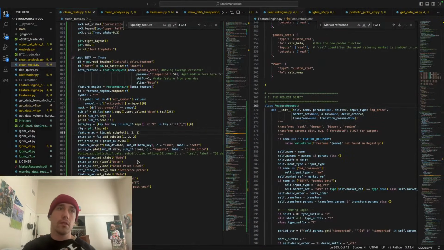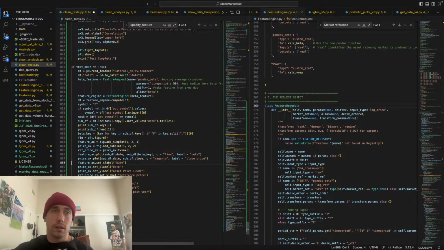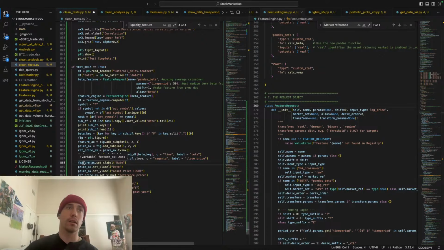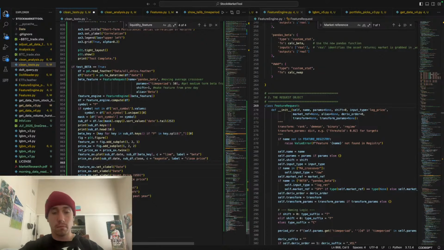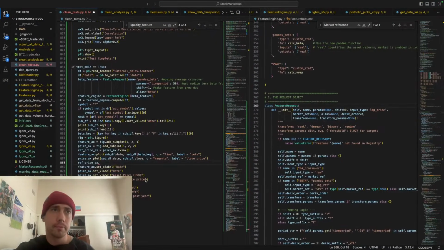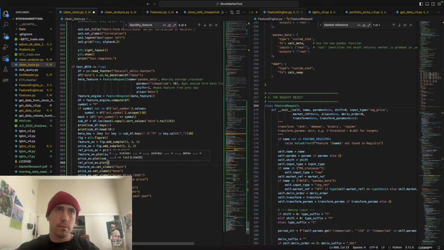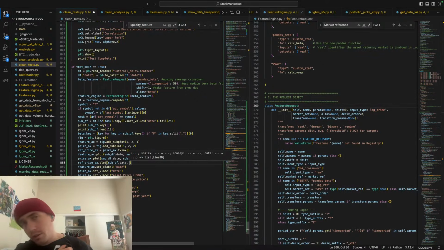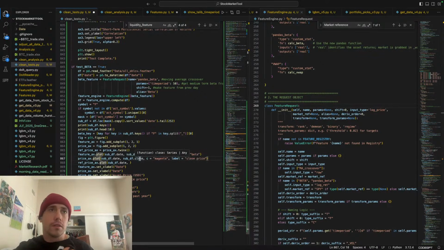So asset price and reference price, but I'm not. Get that out of here. But price ax plot ref price ax. So do I want to sub df close?